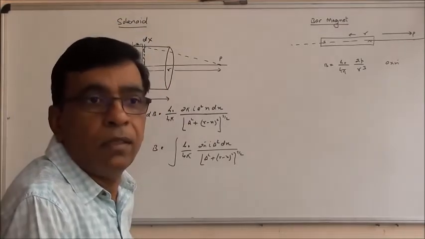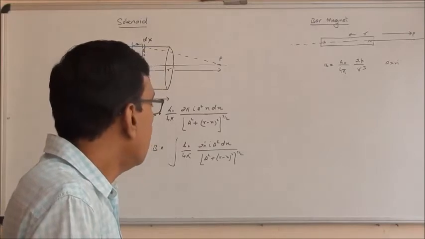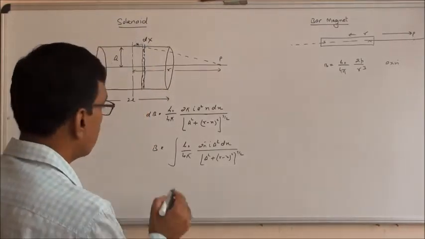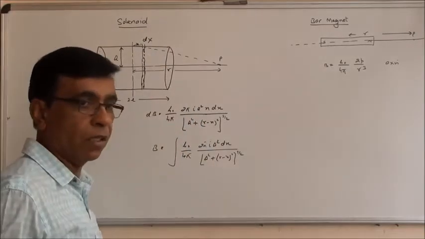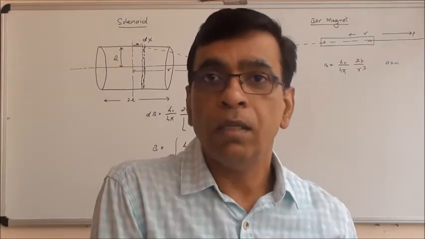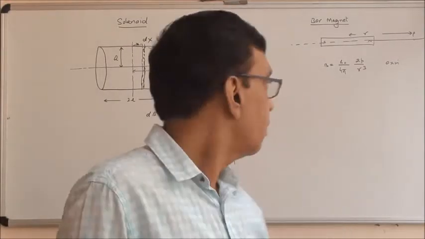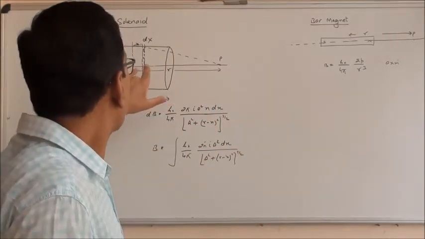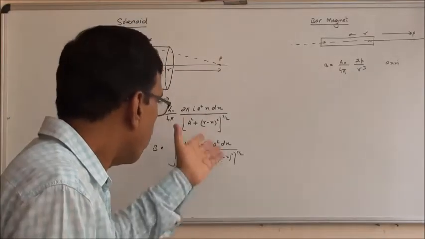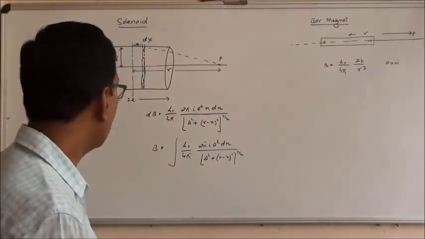Seems complicated, but we have to use the approximation. We have to consider that r is much larger than x and a. Apply those things and then see what we get.